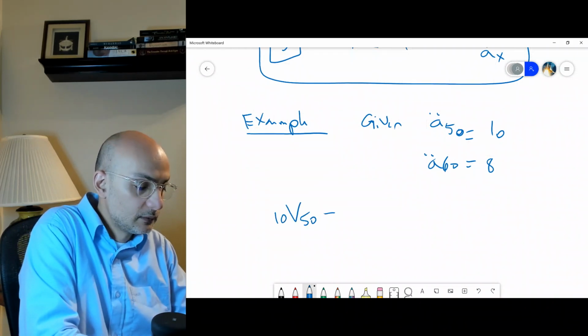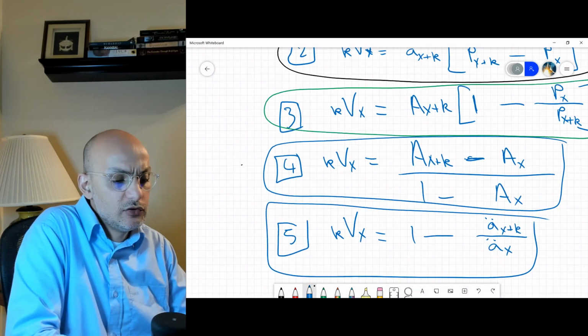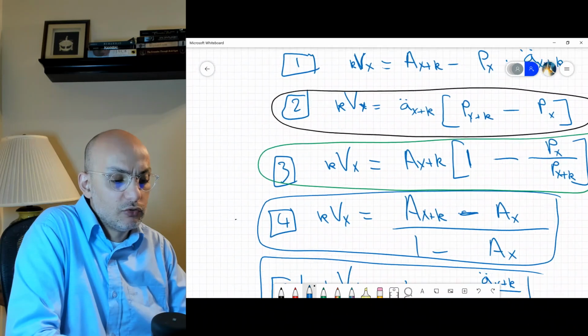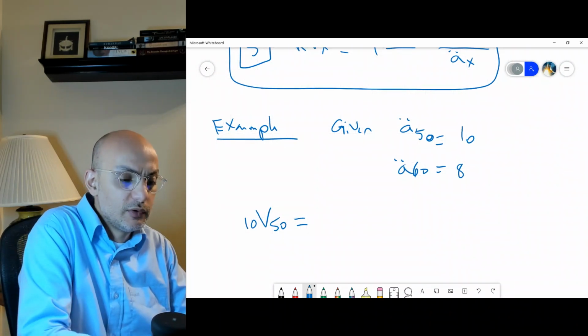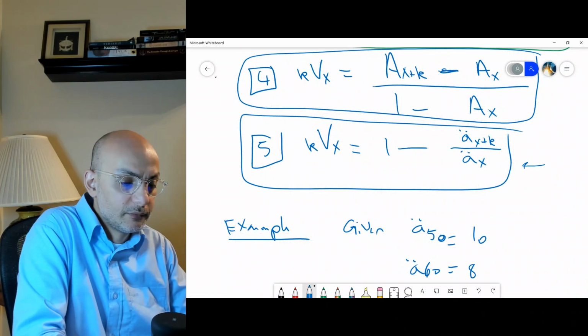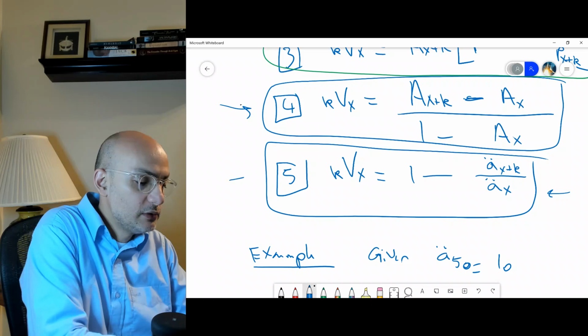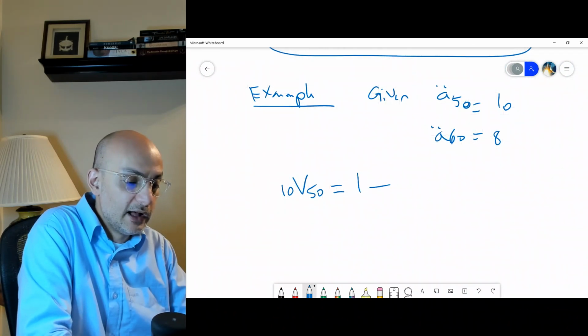Now you look at those formulas; you can use any one of them, but you need to manipulate, and you can use this one to derive the capital A. But if you remember this one, it's easy. It's 1 minus the smaller one, which is ä60, the older person's life annuity, over ä50.